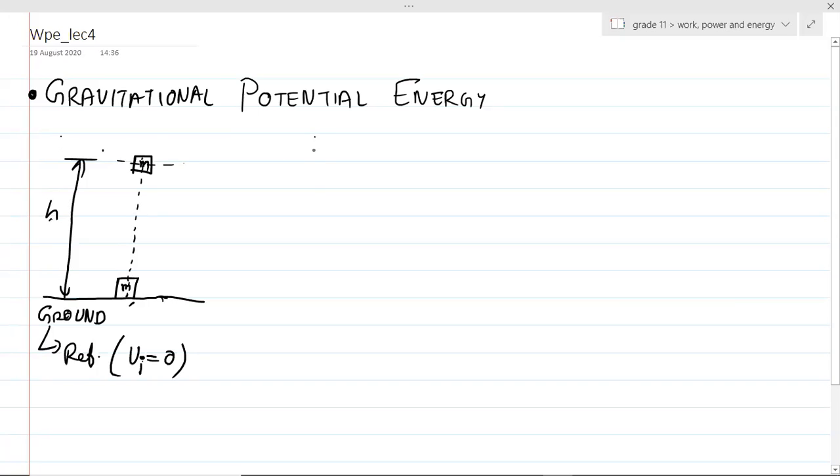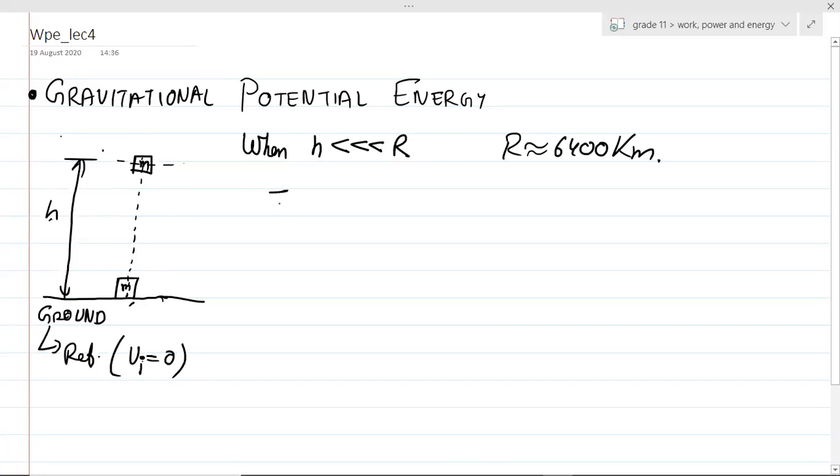This height is very, very small as compared to the radius of Earth. The radius of Earth is approximately 6,400 kilometers. So when this height is 5 meter, 10 meter, 100 meter, 2 kilometer, are you getting my point? Till then we'll be using some other formula.